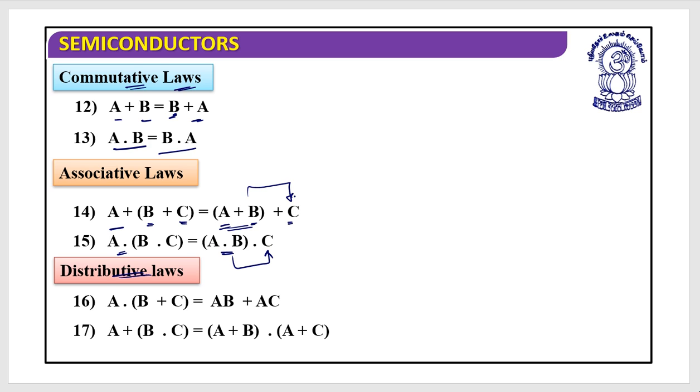It will also follow the distributive laws: A dot (B plus C) is equal to A dot B plus A dot C. And A plus B dot C can be written as (A plus B) dot (A plus C). This is the distributive laws.